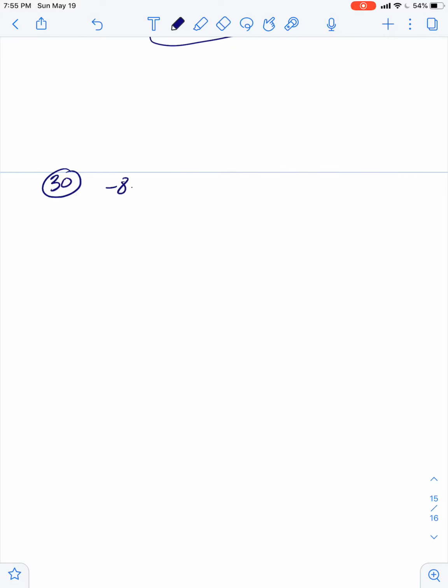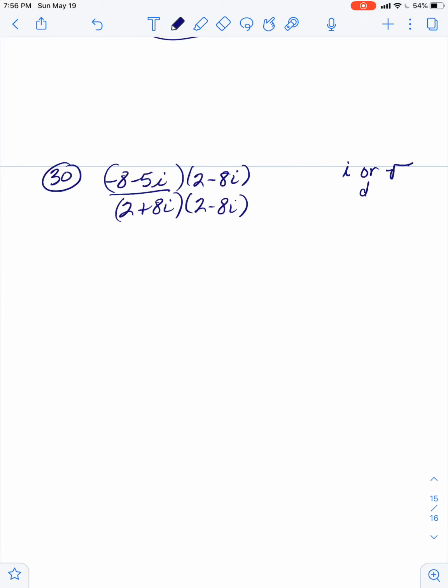The only thing with this one is it's going to be a little bit longer because the denominator and the numerator will have to be FOILed. Okay? Now, we only do this conjugate if there is an i or a square root, and when we're dividing. That's the only time you're going to do the conjugate, okay?